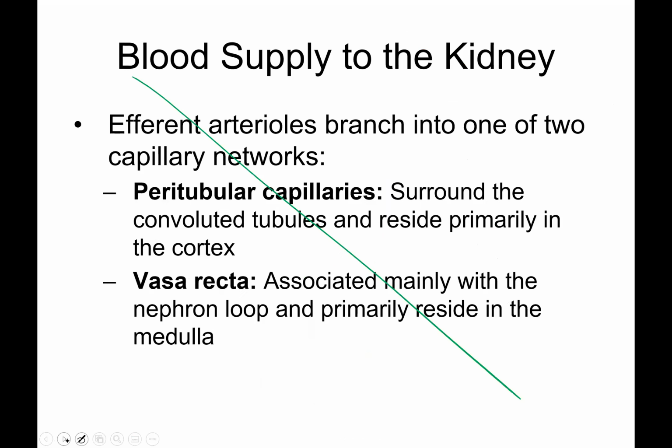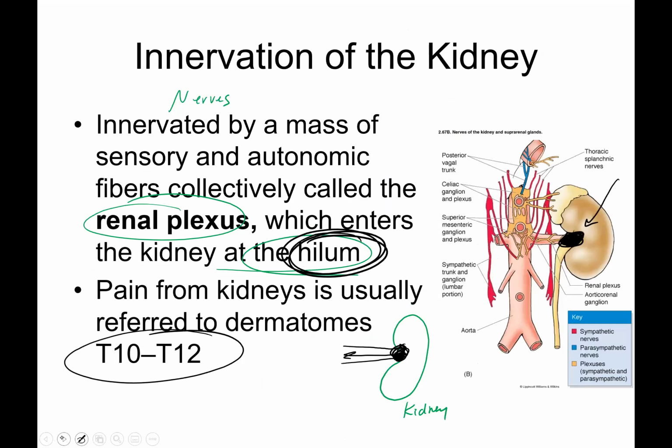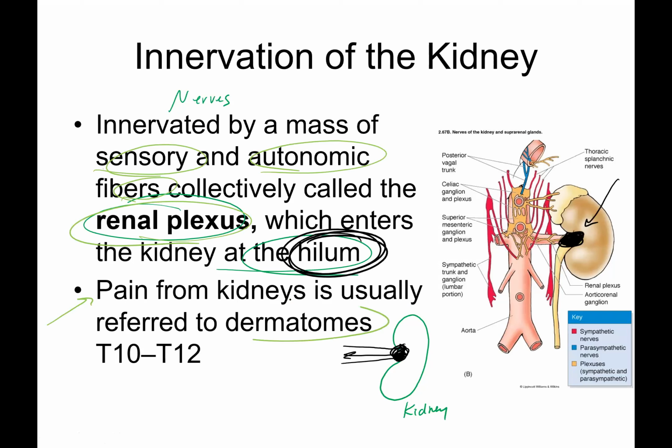So if you can improve the nervous system, in this case the sensory and autonomic fibers called the renal plexus, and you can get pain because of the nerves that come off the dermatomes T10 through T12. In other words, the body's letting you know your kidney's pissed because your nervous system is pissed, because between T12 and L2 is being infringed upon.